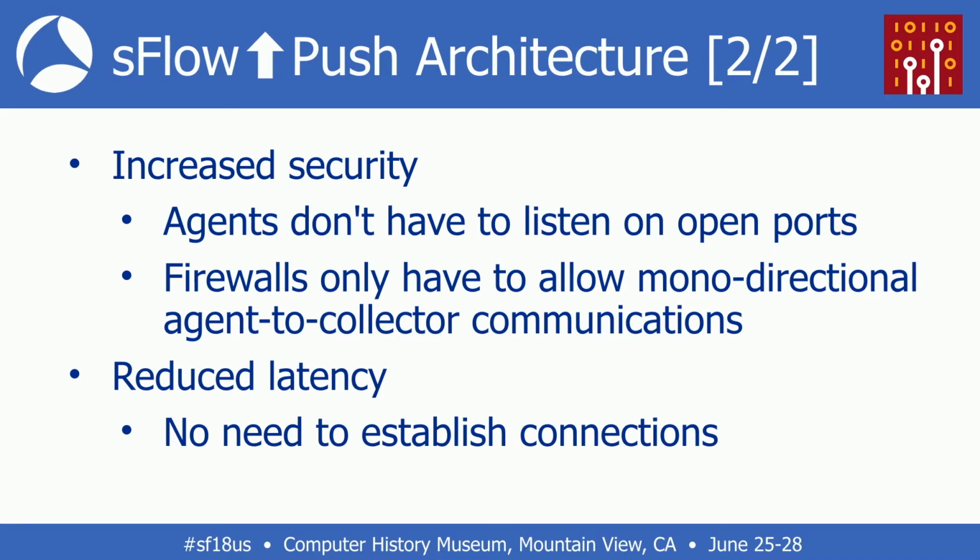It's more secure because the agents don't have to have open ports and listen for incoming requests. It's even easier to set up and configure firewalls, because the direction of traffic is monodirectional. And of course, also the latency is reduced, because you don't have to make a request and wait for the response, because you will just receive a constant flow of data.